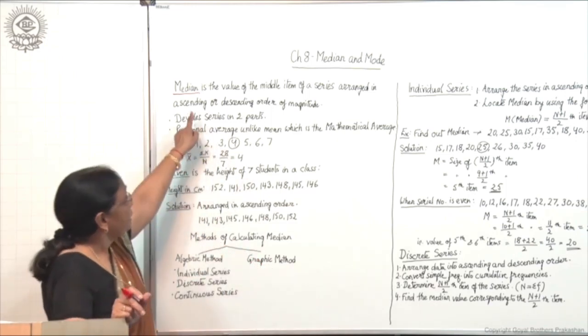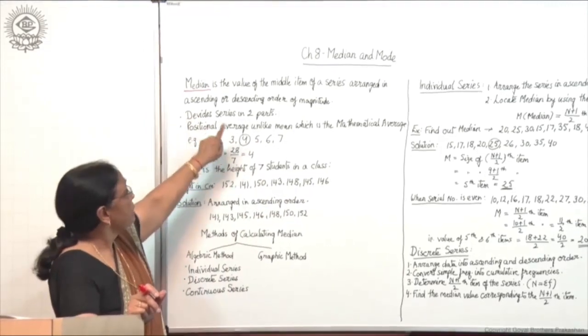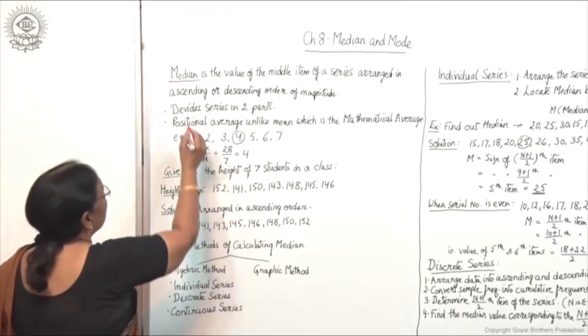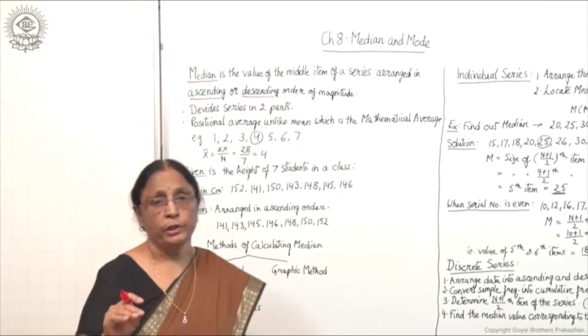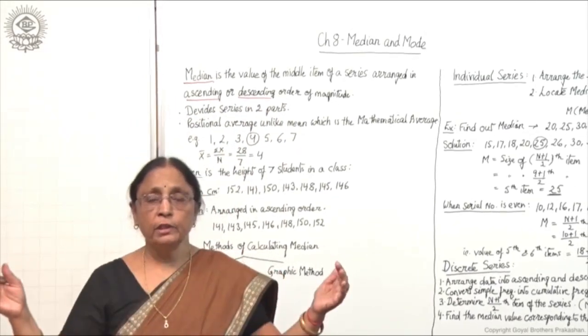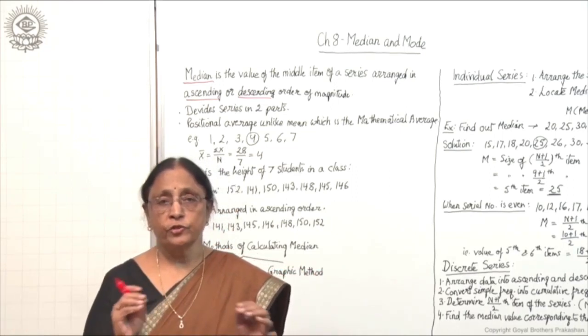So median is the middle item of the series arranged in ascending or descending order of magnitude. Magnitude means the total series of data, from where to where it is stretching.